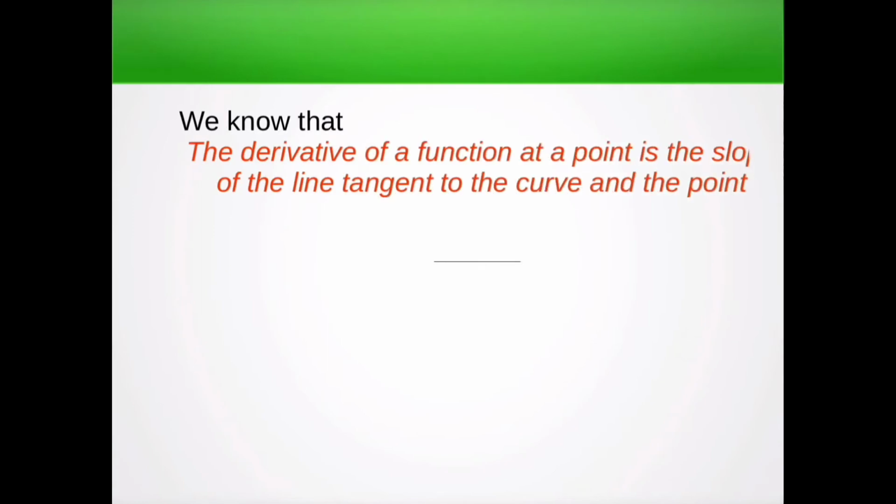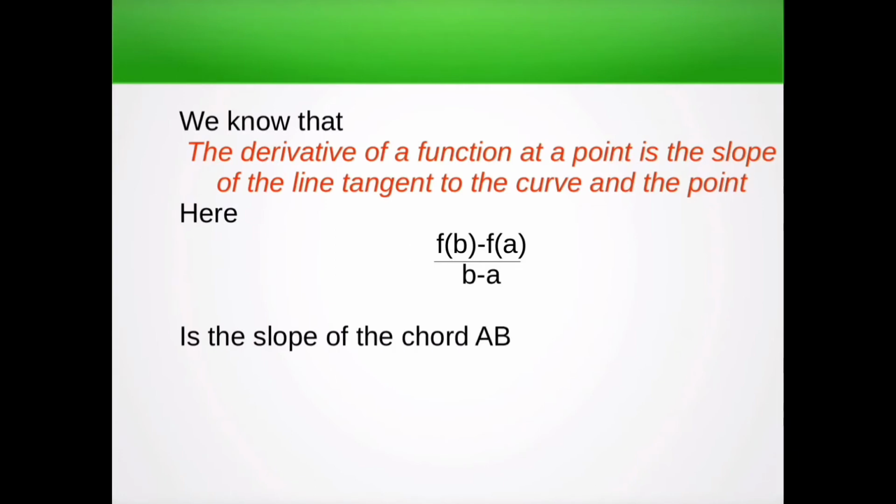We know that the derivative of a function at a point is the slope of the line tangent to the curve at that point. Here, f of b minus f of a by b minus a is the slope of the chord AB, which we have seen in the above graph.